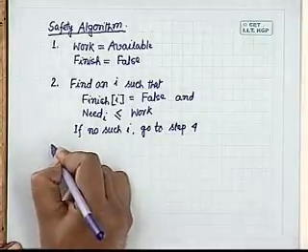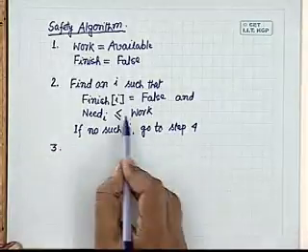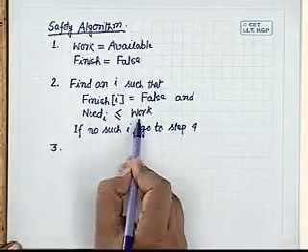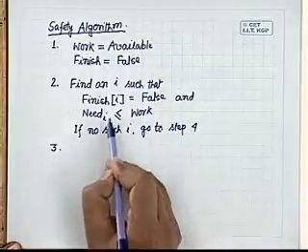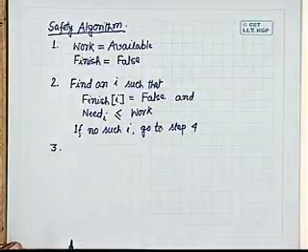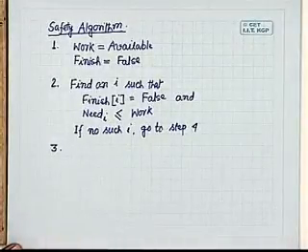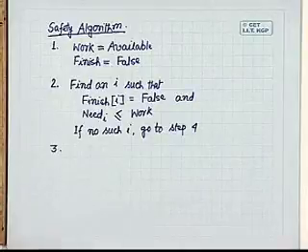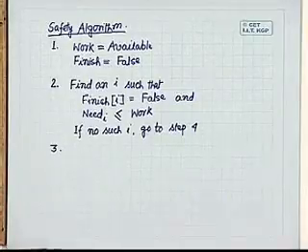In step 3, we have found an i for which finish[i] equal to false and need[i] is less than or equal to work. So I assume that that process can complete operation. If the process completes its execution, then it will release all the resources which are allocated to it. So those resources will be added to the available number of resources.